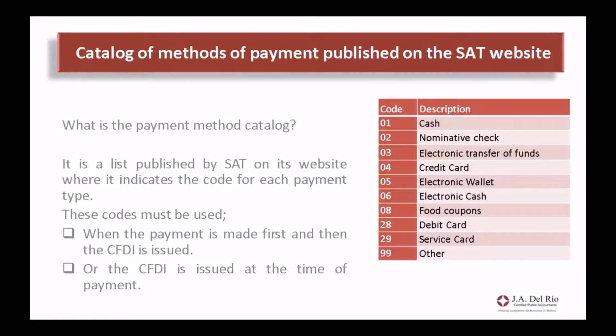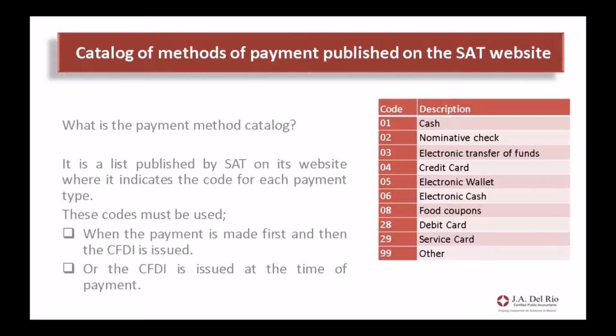So this catalog that you can see right now was released on the tax authority's website on June 3rd. And along with the catalog, there was the obligation to start using it as of July 15.